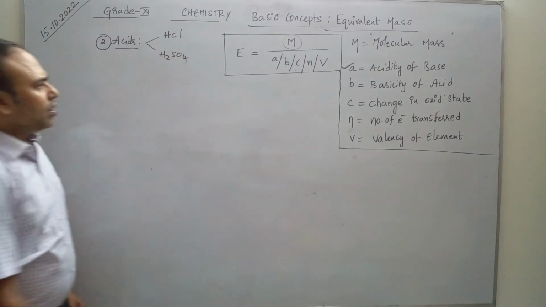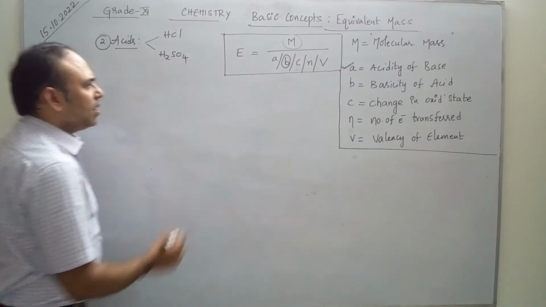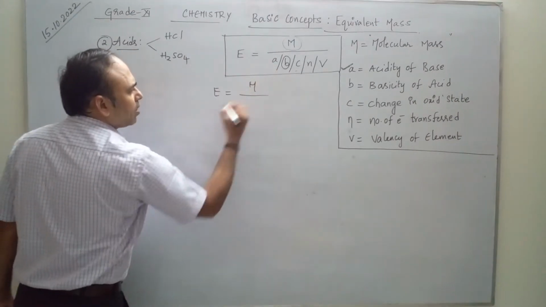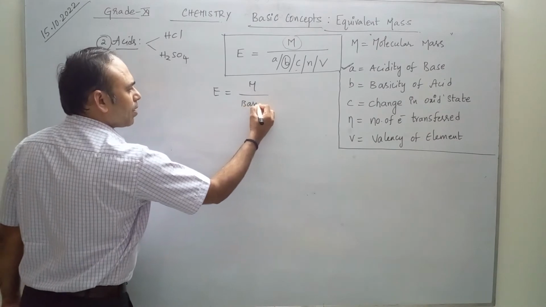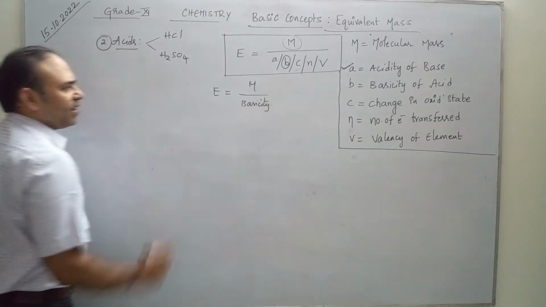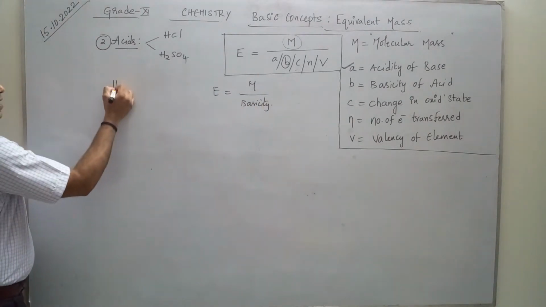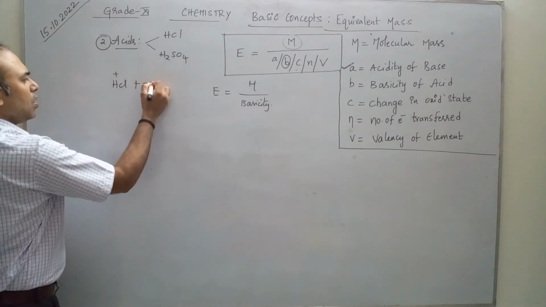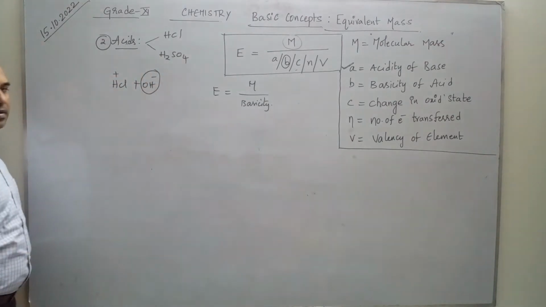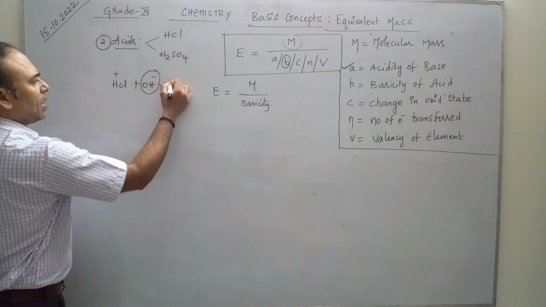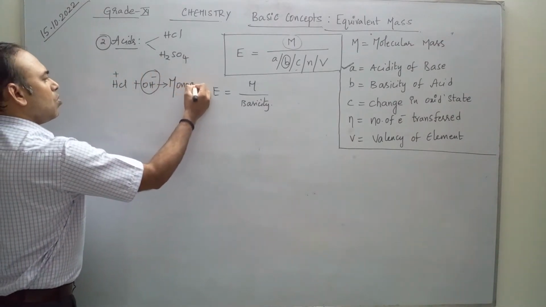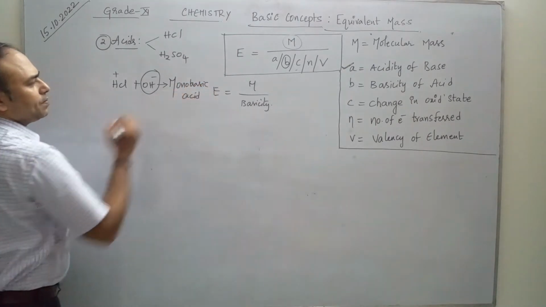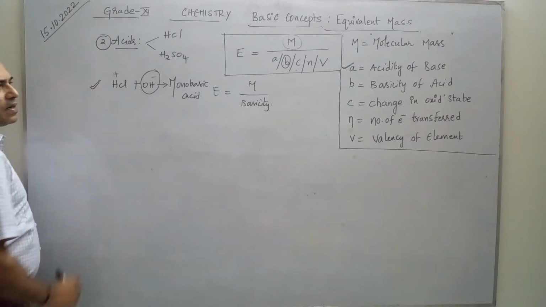First one, whenever they give M by B, that is nothing but the equivalent mass is equal to molecular mass divided by basicity of an acid. First one HCl, we know this is having one H plus, therefore you have to add only one OH minus. So we can identify that it is a monobasic acid.